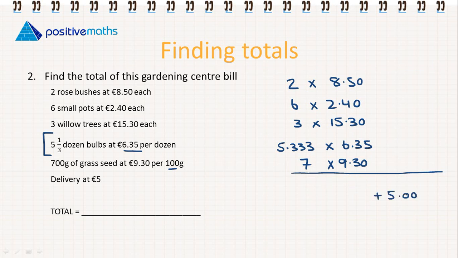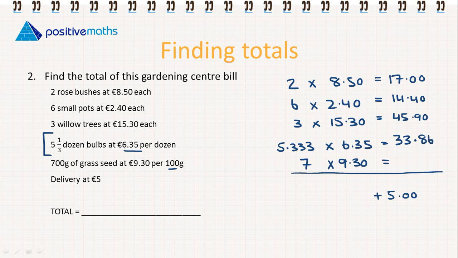Like before, we're going to multiply each one at a time to find the total for each different item purchased. So €17, 14.40, 45.90. This answer we're going to need to round to 2 decimal places because it's money.